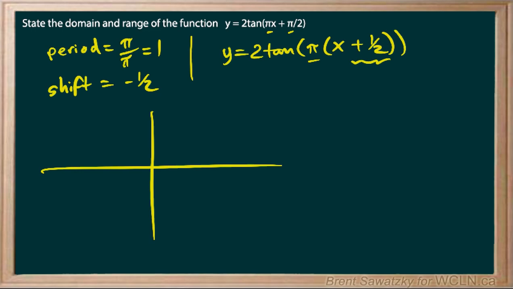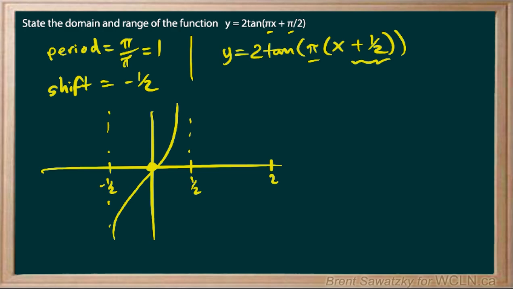And if the period is 1 and we're not looking at the shift at all, we know that it goes through 0, and a period of 1 means it should go to 1/2, to negative 1/2, and in between that would be the 1. So that would draw out nicely, and we can draw asymptotes there. And so 1, 1.5, and we can mark this as 2, and so on.